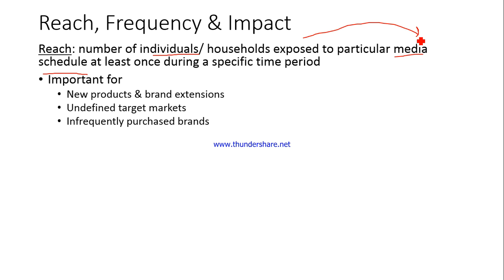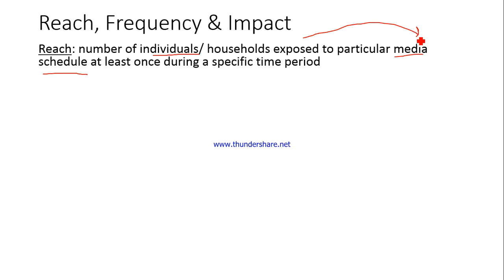On the other hand, what will be frequency? Frequency is how many times on an average a member in our target audience is getting exposed to our advertising campaign. So while reach is the number of people who have seen your ad at least once, frequency is on an average how many times they have seen your ad.